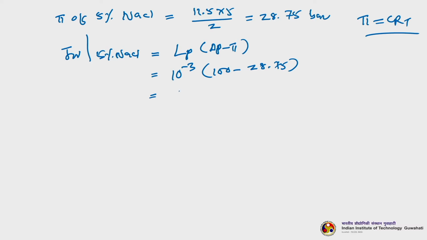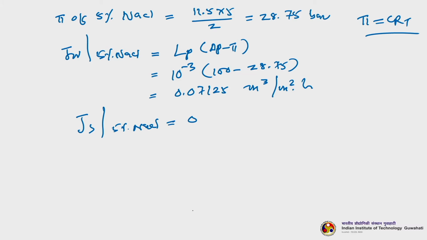So, you get 0.07125 meter cube per meter square hour. This is the water flux for the 5% sodium chloride solution. Now, the salt flux Js of 5% NaCl equals 0, because the salt rejection R is given as 1. Now, we will try to solve the second one.